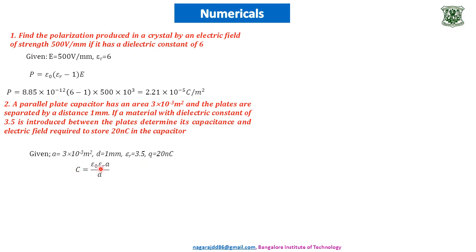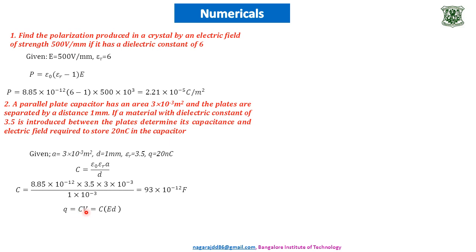First we shall find the capacitance using this fundamental equation. C equals epsilon naught epsilon r A by D, where epsilon naught is permittivity of free space, this is dielectric constant, this is area, and this is distance of separation. And after substitution and simplification, I get C as 93 into 10 power minus 12 farad. Now Q equals CV, another fundamental equation.